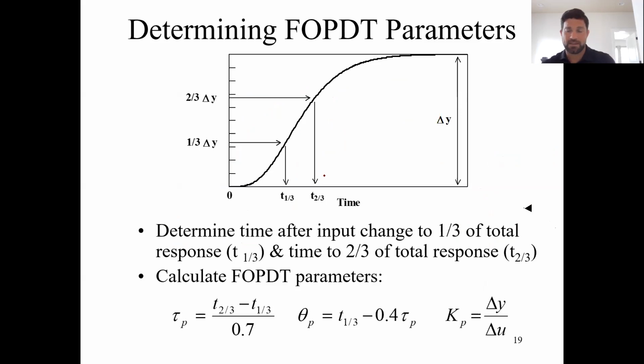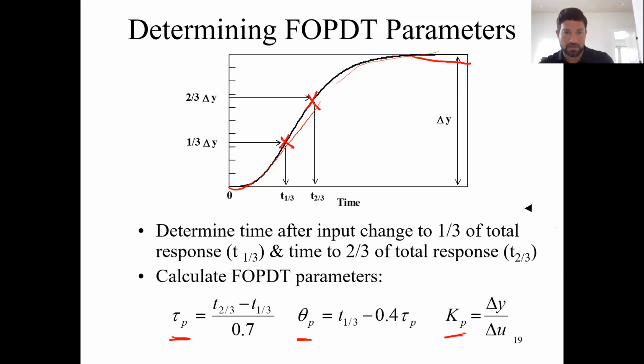Now, if we're actually given process data that looks like this, we have to use a slightly different method to determine the values for tau P, theta P, and Kp. This is all based on fitting what a general model would look like. Same thing, Kp is just delta Y over delta U, so we don't have to worry about that. But then we can calculate 1/3 of delta Y. I'm just going to do an X. This right here represents 1/3 of the total change, and 2/3 of the total change.